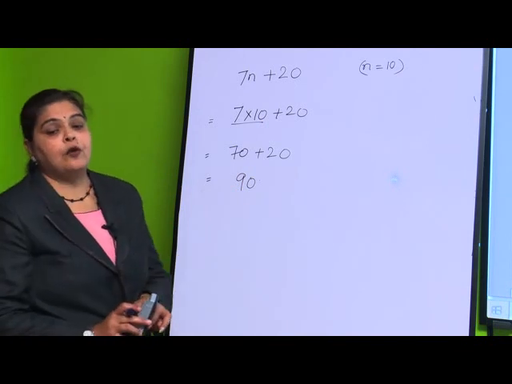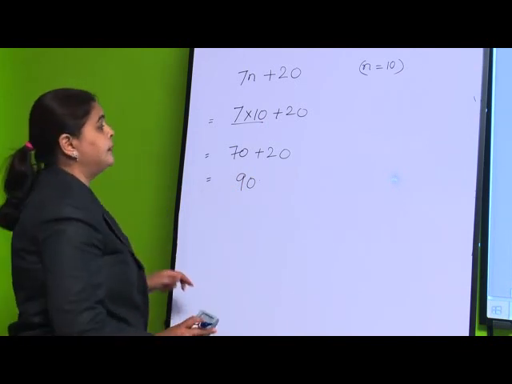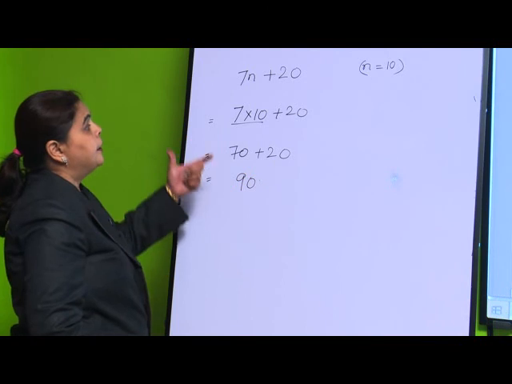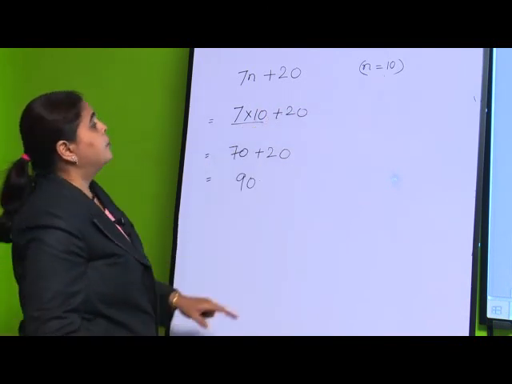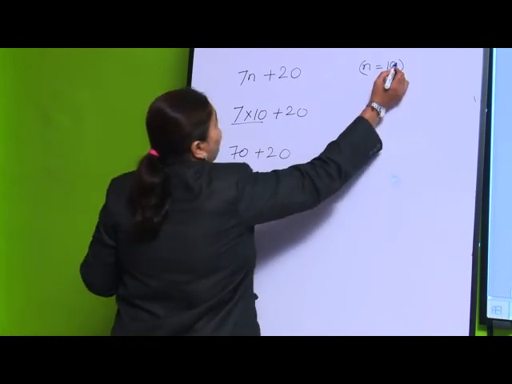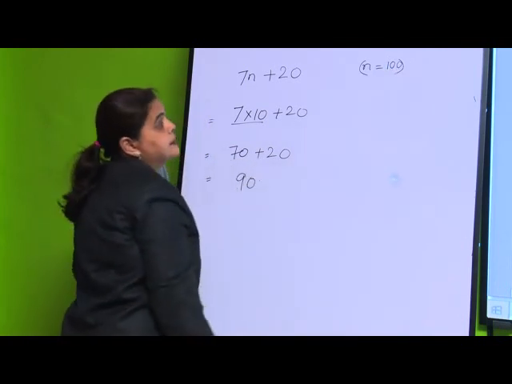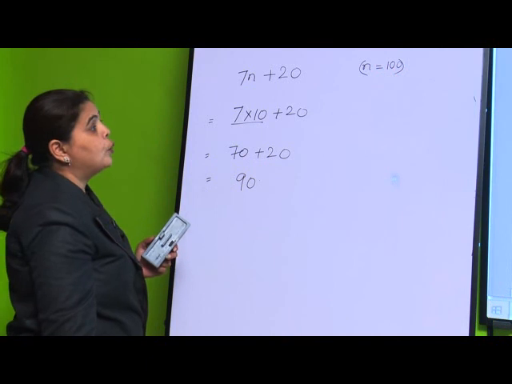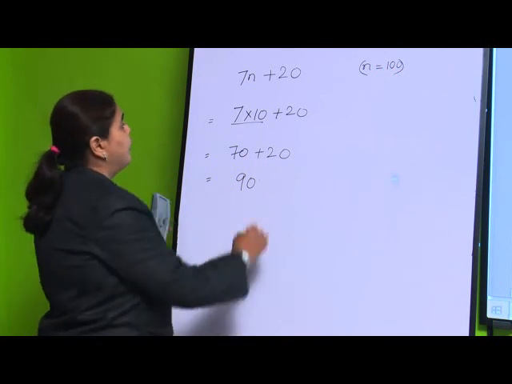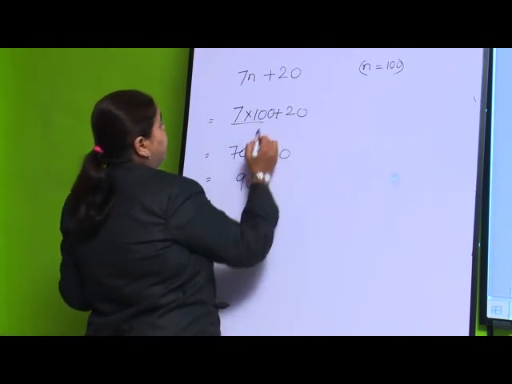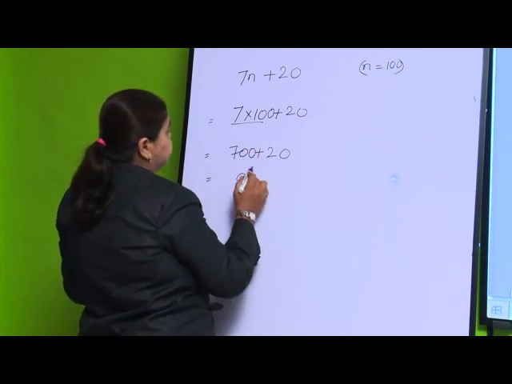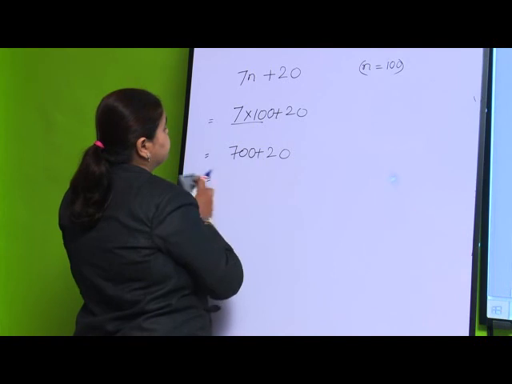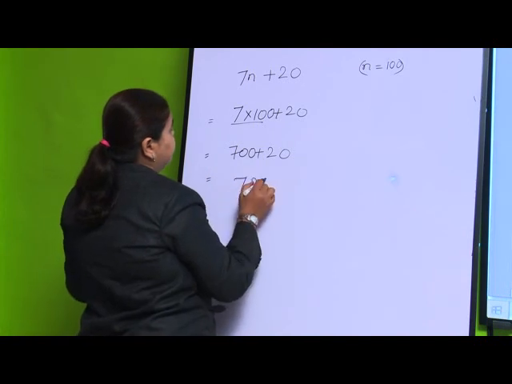So, we just have to find similar patterns. The number of patterns required is given to us. If we want 100 patterns, how many segments will be required? Here it changes to 100, so 700 plus 20, and we get 720.